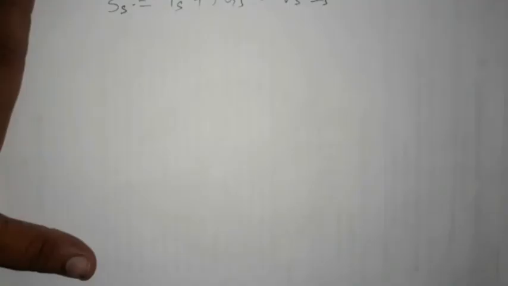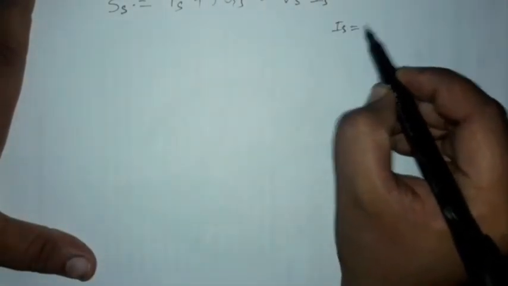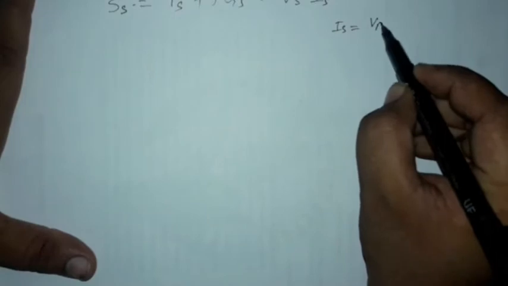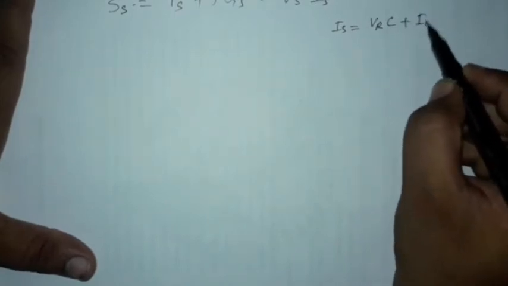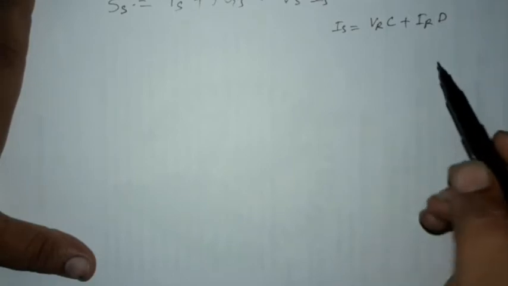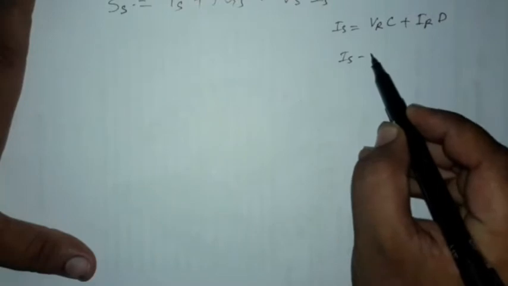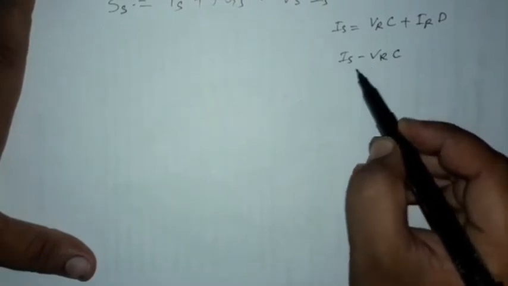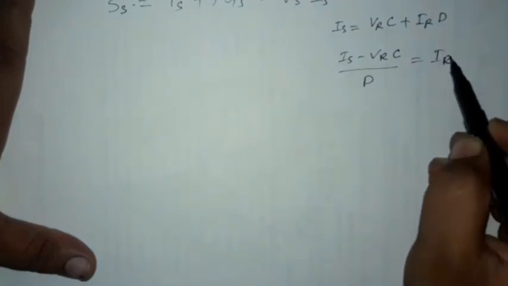Now, to find out Is, we have a generalized equation which is Is is equal to VR into C plus IR into D. So first we find the IR and then we put this equation in the Vs equation. So Is minus VR into C by D, which is equal to IR value.